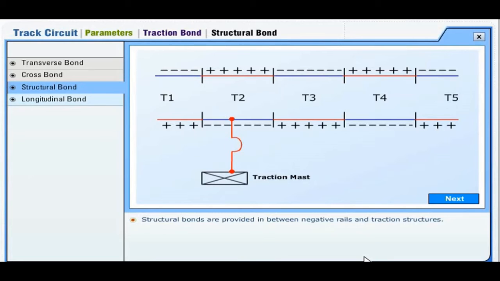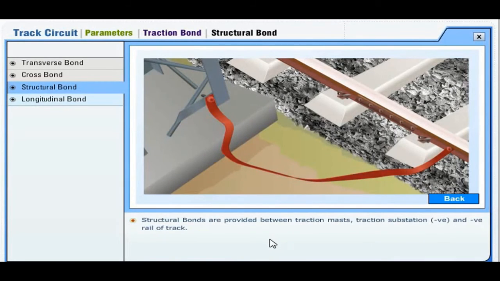Structural bond. Structural bonds are provided in between negative rails and fixed traction structures. Structural bonds are provided between traction mast, traction substation, negative, and negative rail of track.